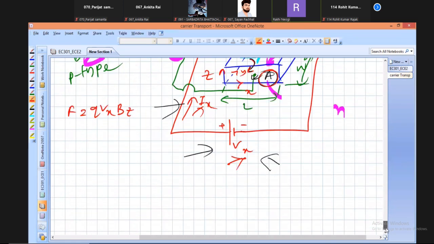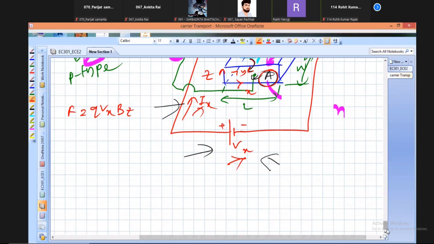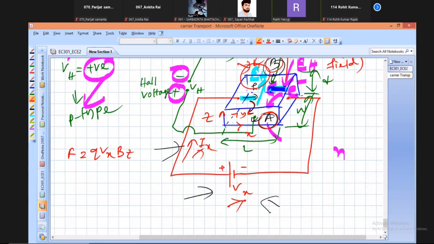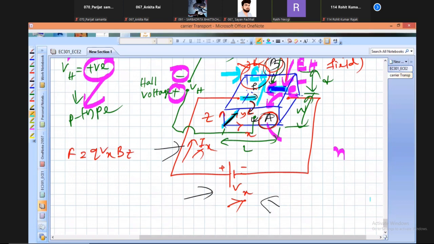So under equilibrium, this particular field is called the Hall field, which is directed clockwise.